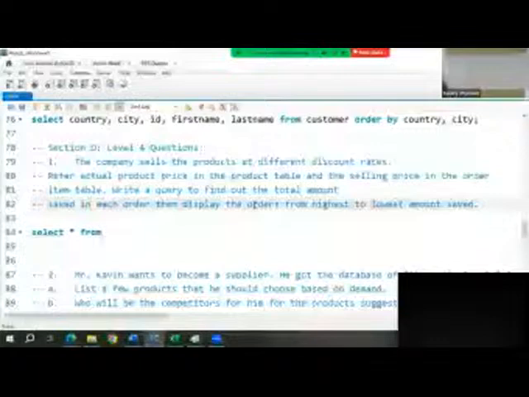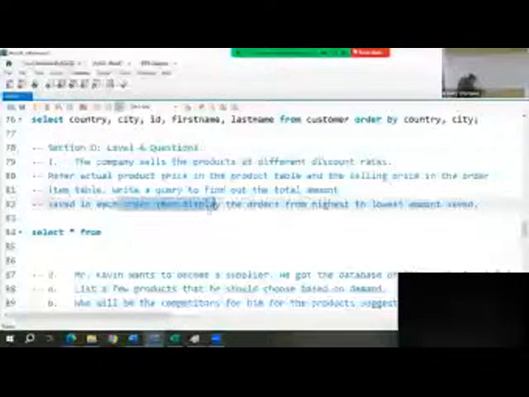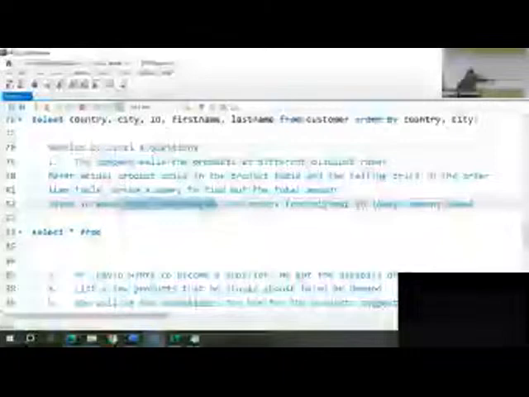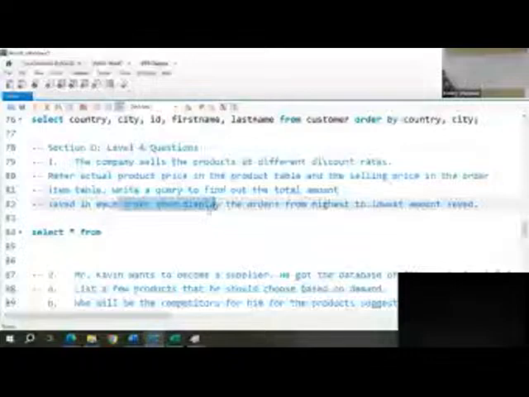So group by order id, sum of the difference between this and this, into the quantity. 10 minus 8 into 2 is 4, 20 minus 15 into 3 is 15, correct? So after this it is just one join with one group by and one aggregation, that is all.